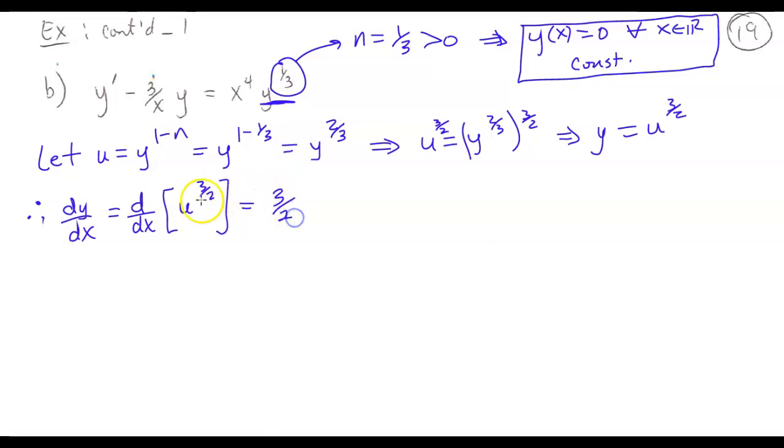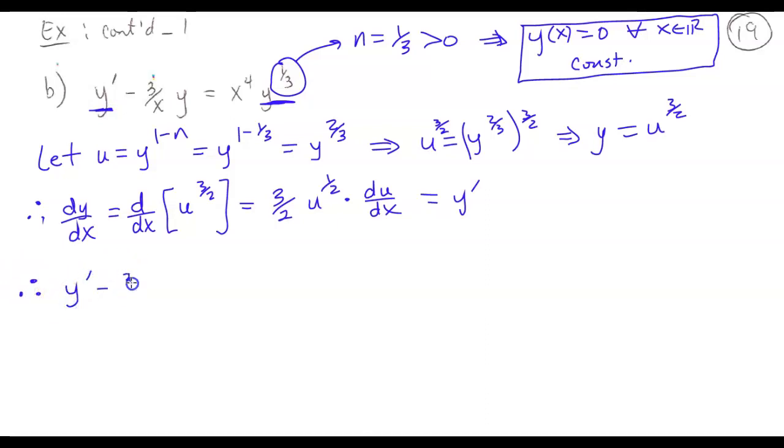So the chain rule says we take the derivative of this with respect to u, and then we multiply it times the derivative of u with respect to x. And so this is what our dy over dx looks like, which is the same as y prime. I'm just writing that because we see it here. So therefore, we have everything that we need.